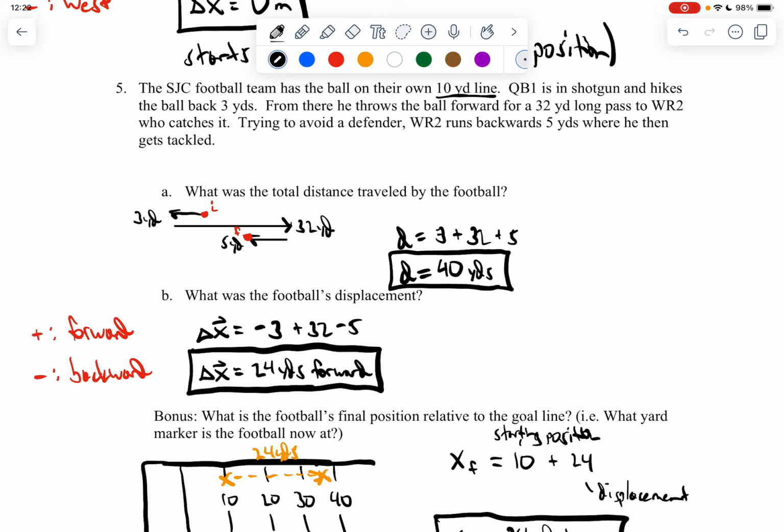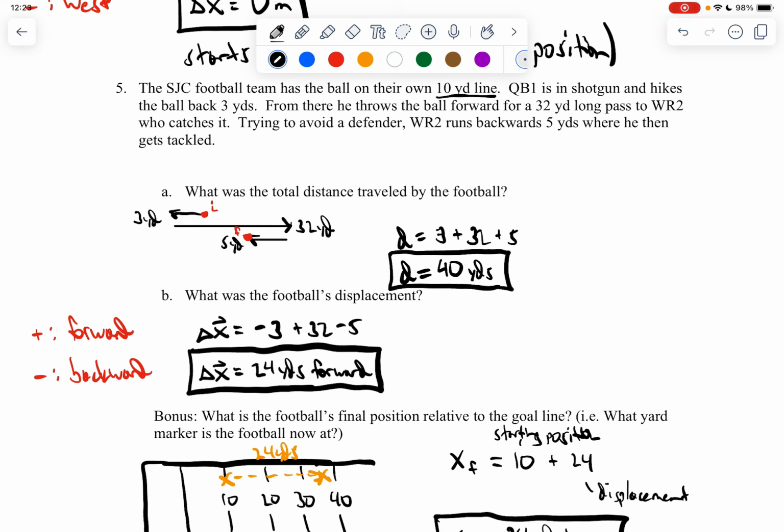If we think in part B about our displacement, again, always want to set up positive direction versus negative direction. So we'll call anytime the football is going forward, positive, anytime it's moving backwards, the negative direction. So when we hike the football to the quarterback who is in shotgun position, the ball is going to move backwards 3 yards. So we'll have a -3 there.